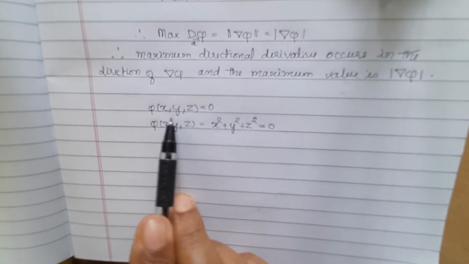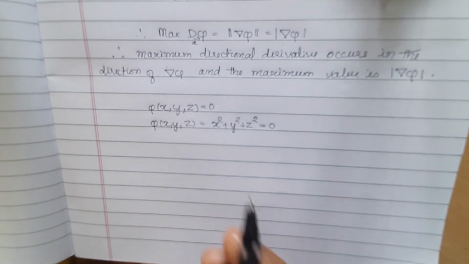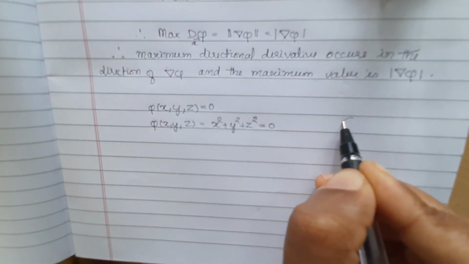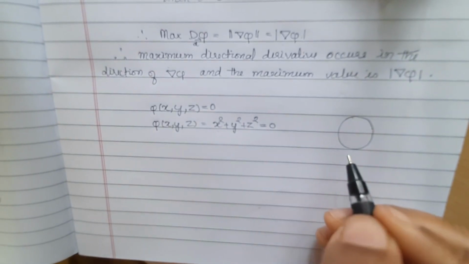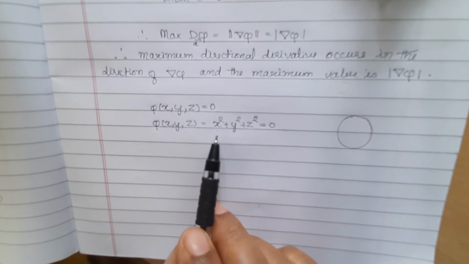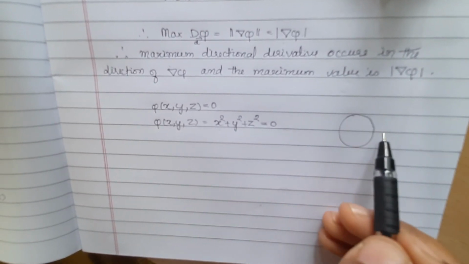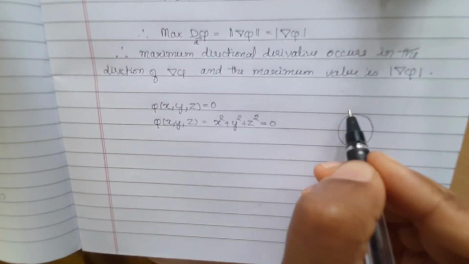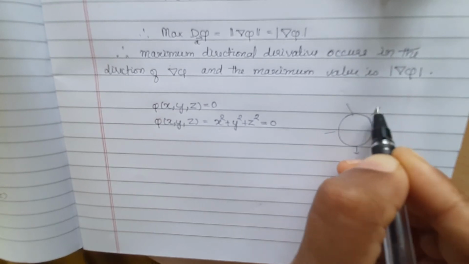Therefore, if I take any function and consider this as a surface, for example this becomes a sphere for me. Now I can talk about vectors perpendicular to this surface.